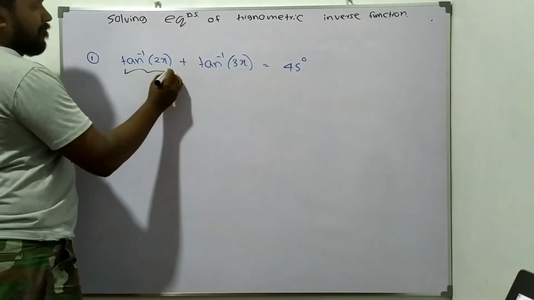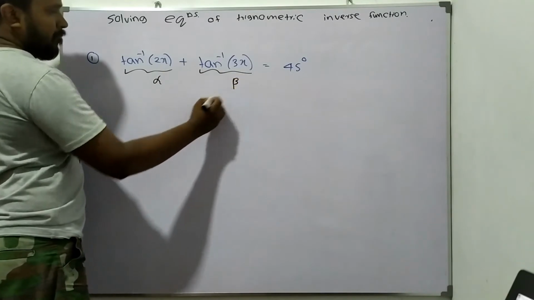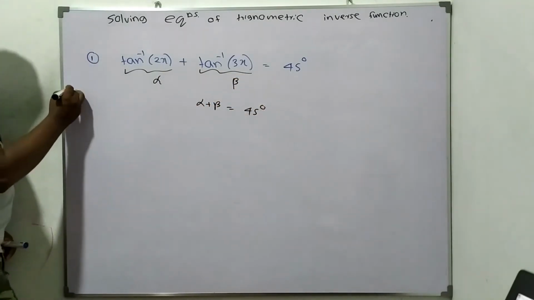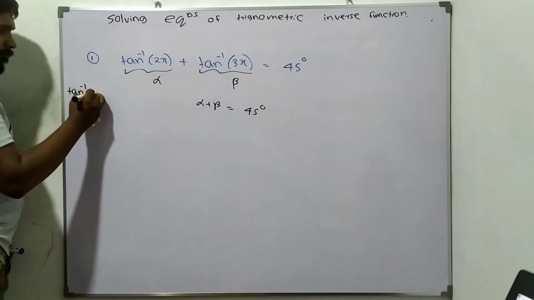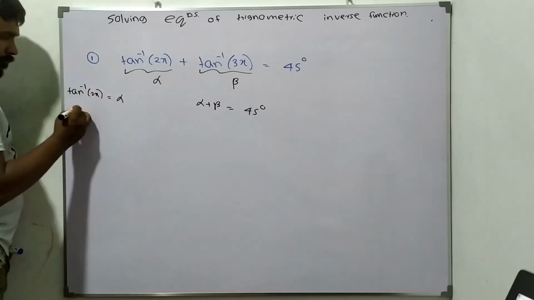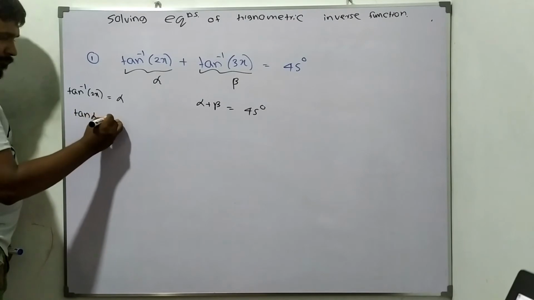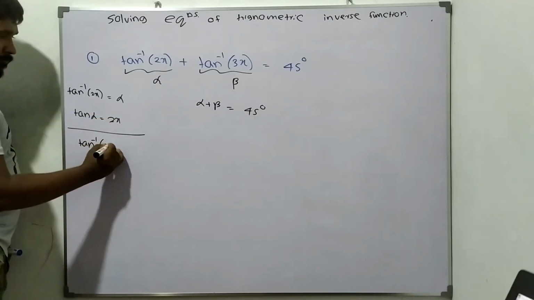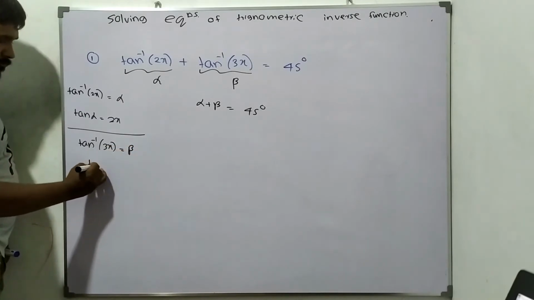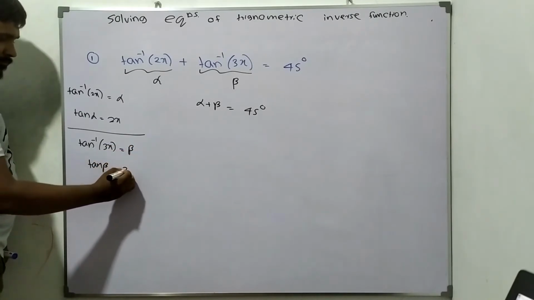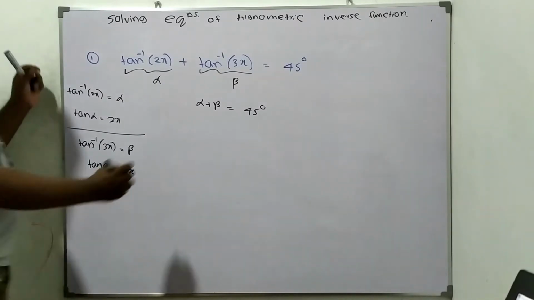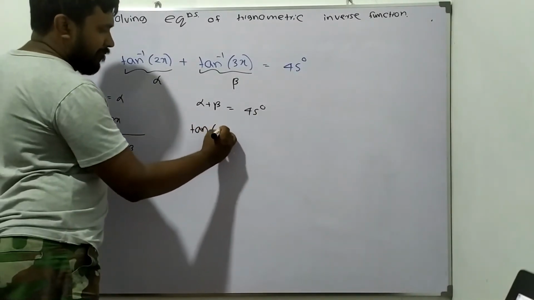Solving an inverse function equation means we can use both the left hand and right hand sides, right? So first of all you have to define tan inverse 2x as alpha, so tan alpha equals 2x, and tan inverse 3x equals beta, so tan beta is 3x. Tan(alpha plus beta) equals tan 45.